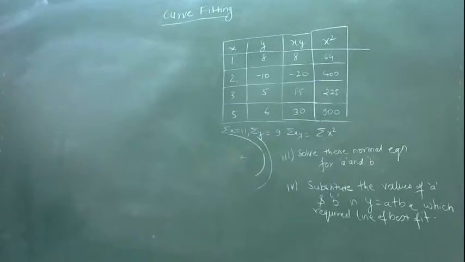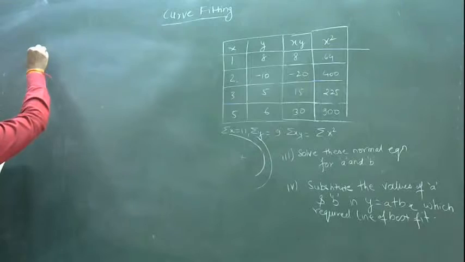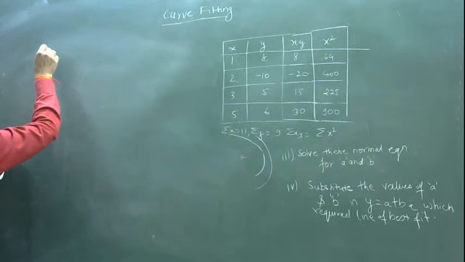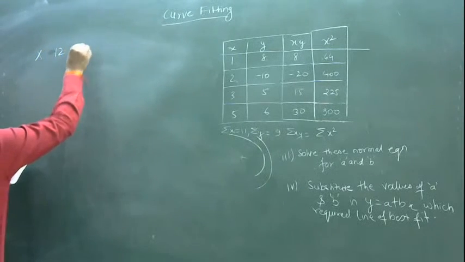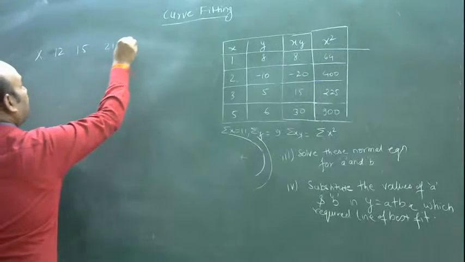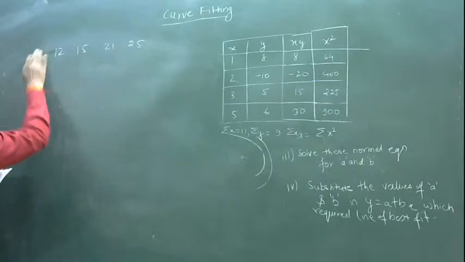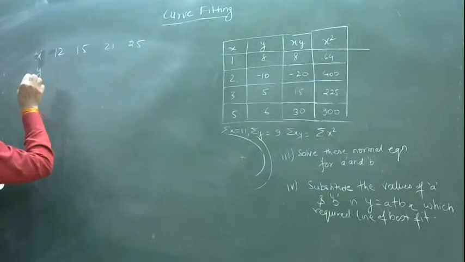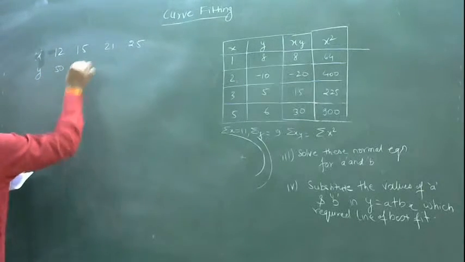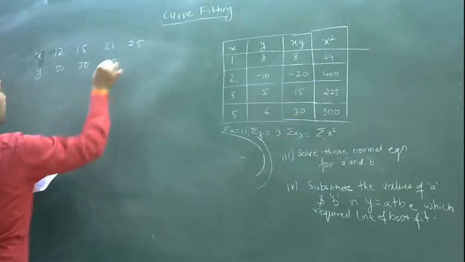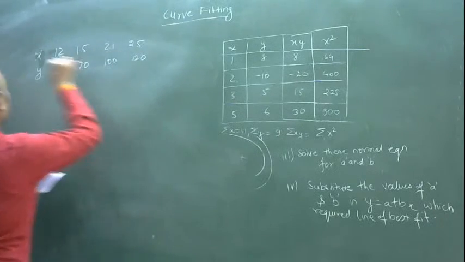So the given data: the values of x are given as 12, 15, 21 and 20. Small y is 50, 70, 110, 100 and 120.